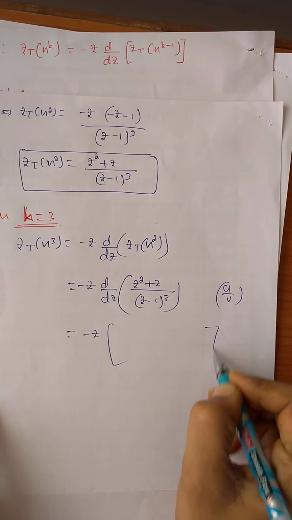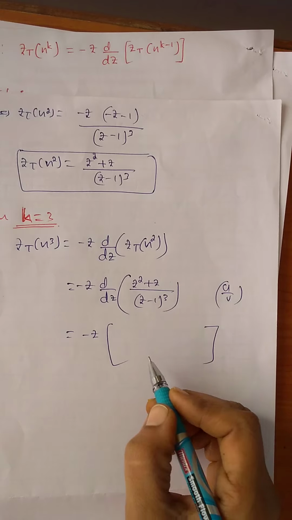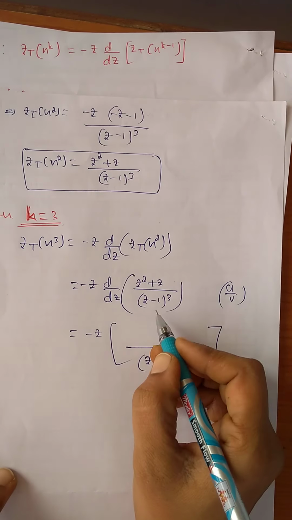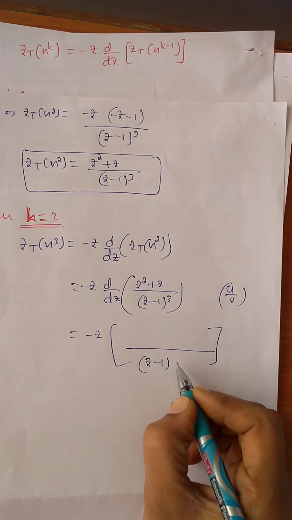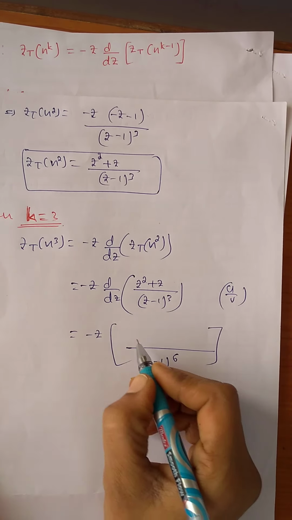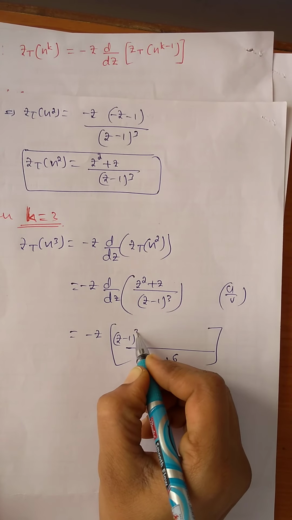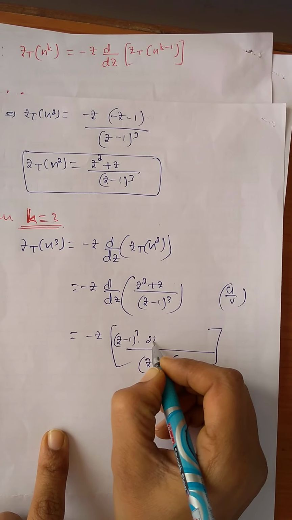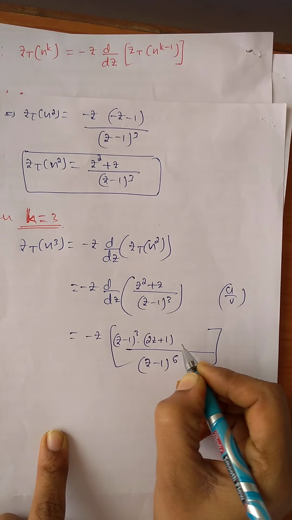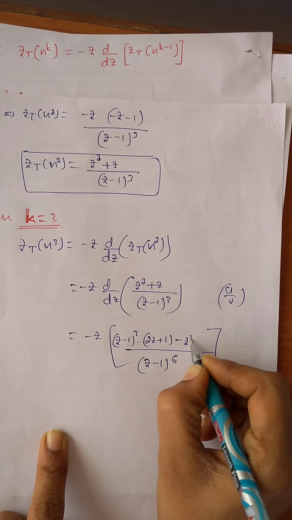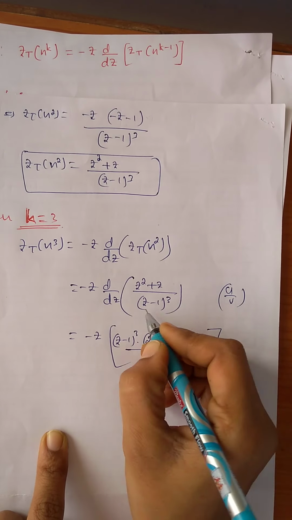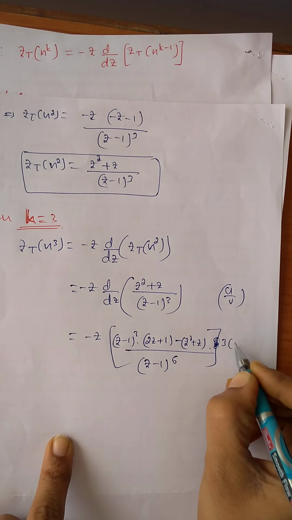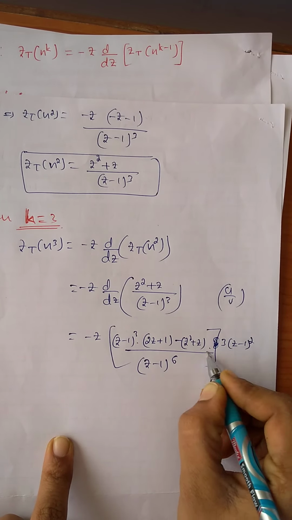So students, applying the quotient rule, the denominator is v square, that is (z minus 1) whole cube squared, we get the power 6, and the numerator is v into the differentiation of u: (z minus 1) whole cube into (2z plus 1), minus (z square plus z) into the differentiation of (z minus 1) whole cube. The differentiation of (z minus 1) whole cube is 3 into (z minus 1) whole square.